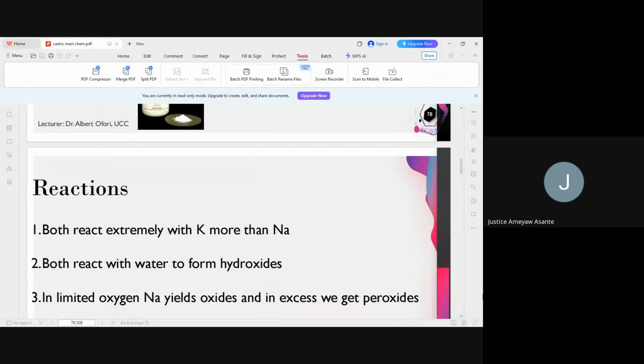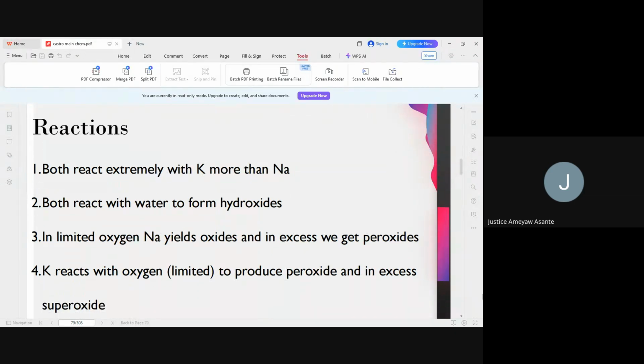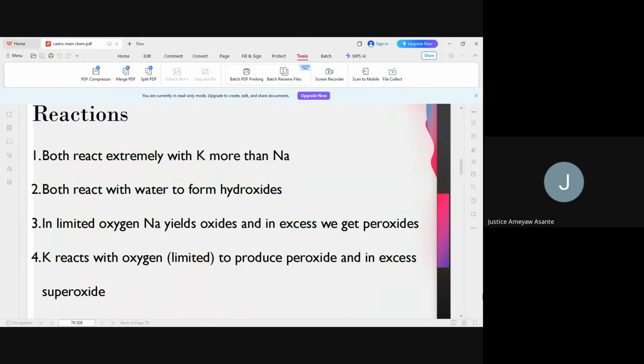Now, what reactions can these elements undergo? Both potassium and sodium are very reactive. They both react with cold water to form hydroxides, and they give out hydrogen gas.